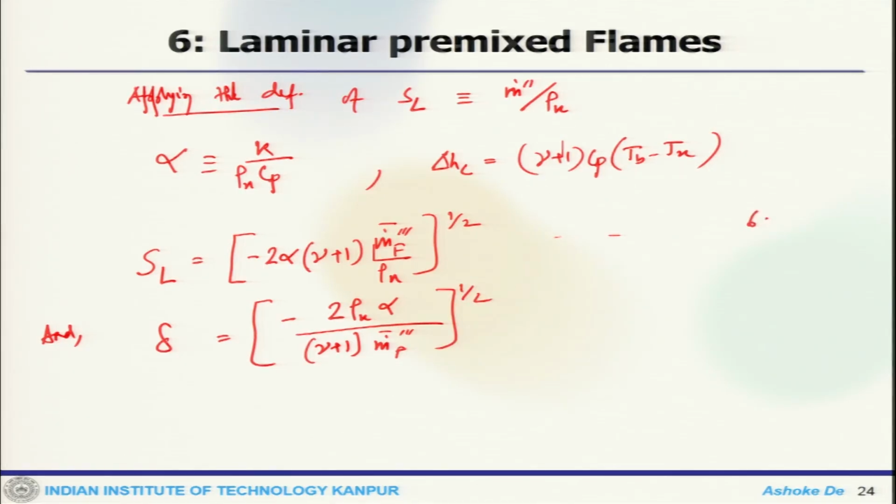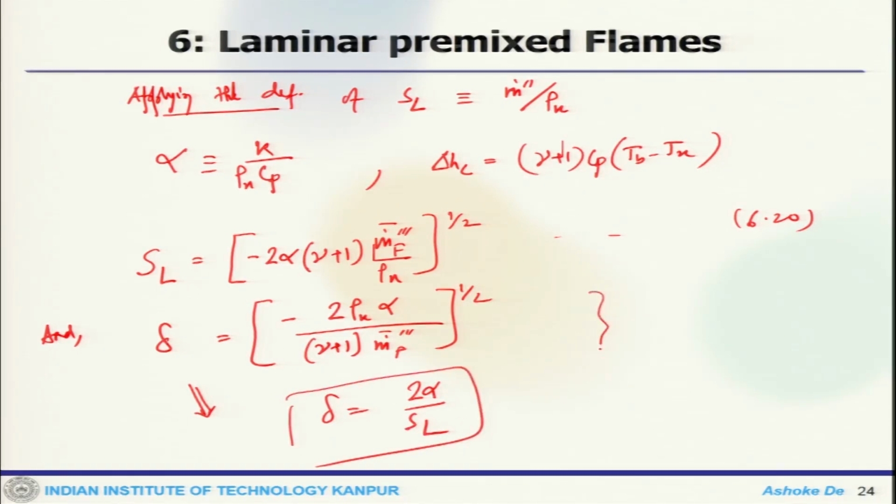This is my equation 6.20, and one can see, if you use the information of SL here in the delta, one can write this delta as 2 alpha by SL. So, that is a nice correlation between SL, the laminar flame speed, thermal conductivity and the flame thickness.